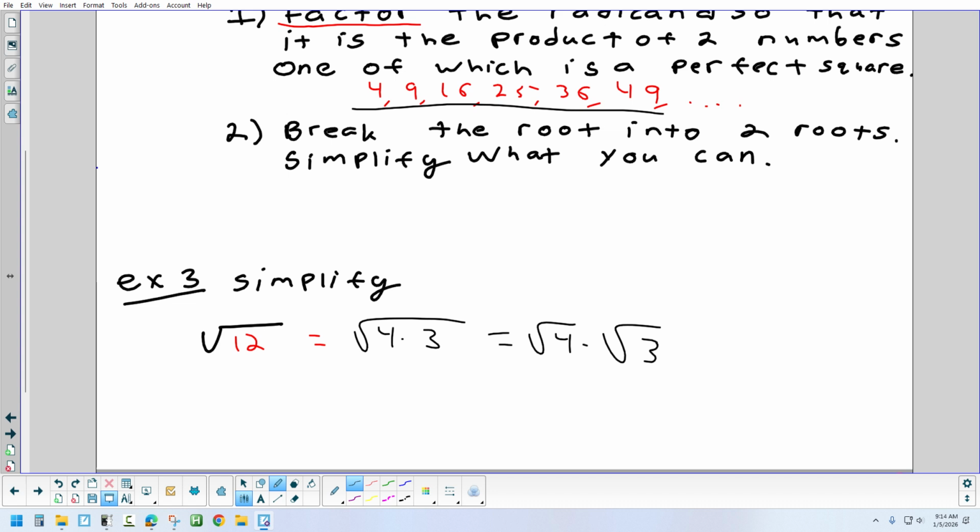And which one of those is going to simplify nicely, the first or the second one? Yeah, what's the square root of the first number? 2. And that's going to be something we do anytime we have a root in trig, the rest of the year. Anytime we have a root, if it can be simplified, we will.